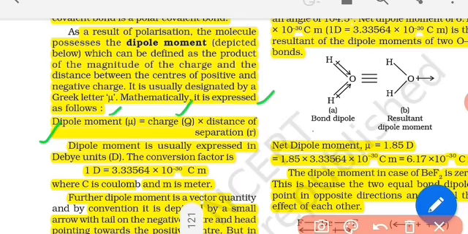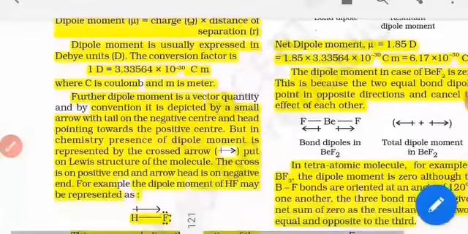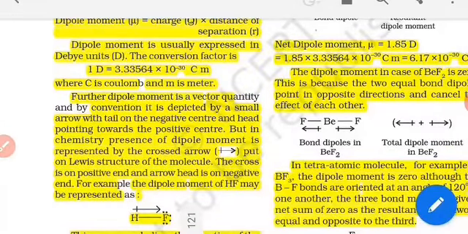Dipole moment is usually expressed in debye units, D. The conversion factor of debye to coulomb meter is this. Dipole moment is a vector quantity. It is represented by this symbol.